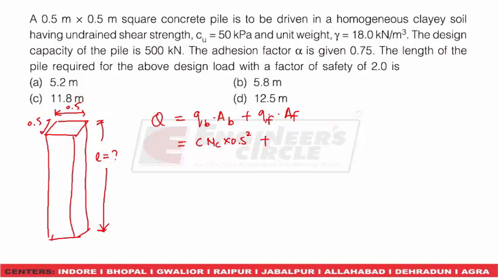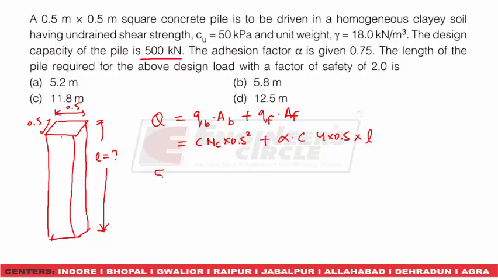Qf will be equal to adhesion factor alpha into C and Af will be the surface area of the pile. So surface area of pile will be equal to perimeter into length. So perimeter will be 0.5 plus 0.5 plus 0.5 plus 0.5, so this will be equal to 4 into 0.5 into length. Now the capacity is given to us 500 kilonewton.